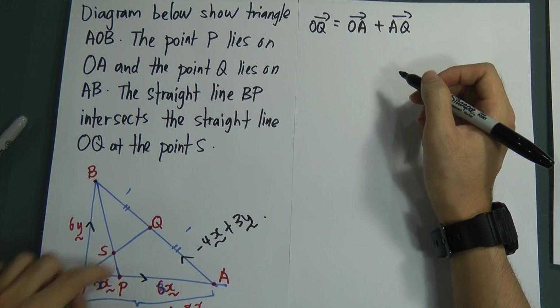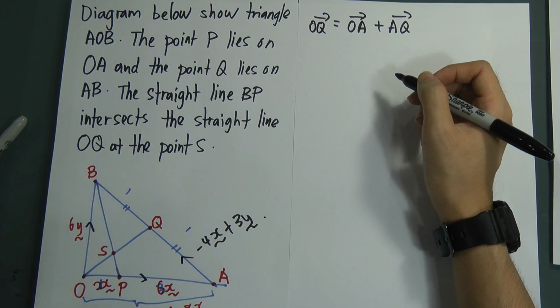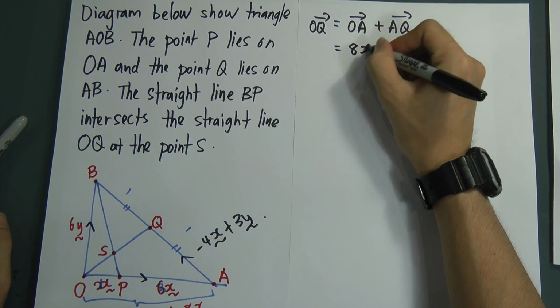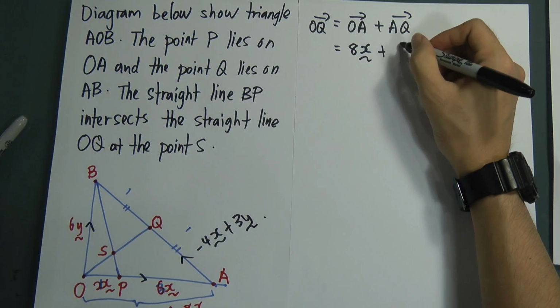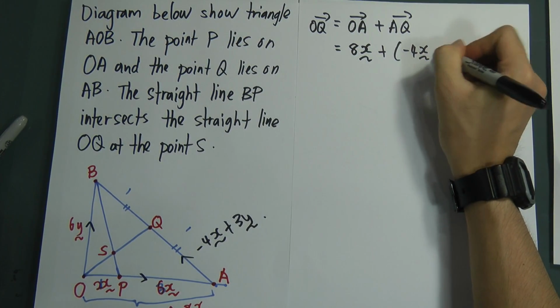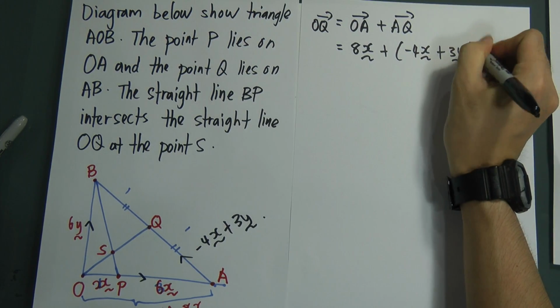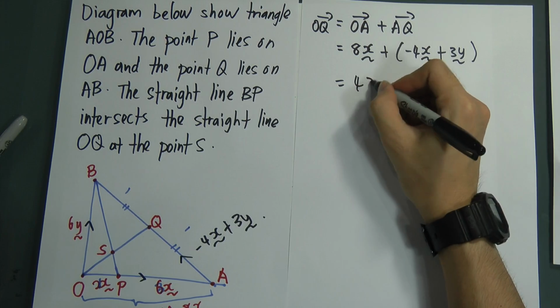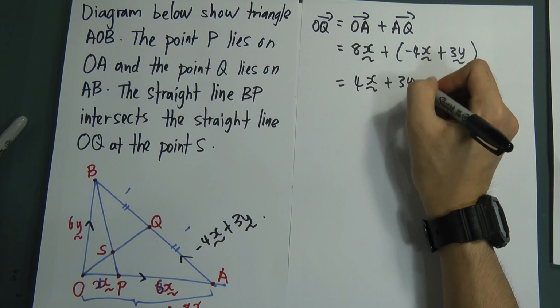OA we got is XX, and AQ is negative 4x plus 3y. Therefore, XX minus 4x gives us 4x plus 3y. Done.